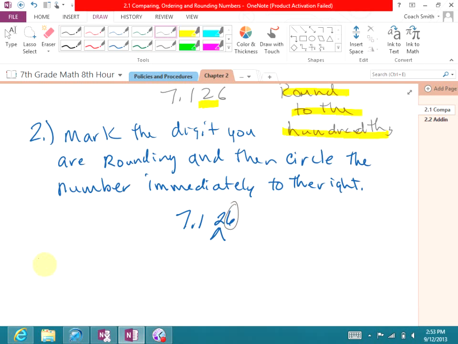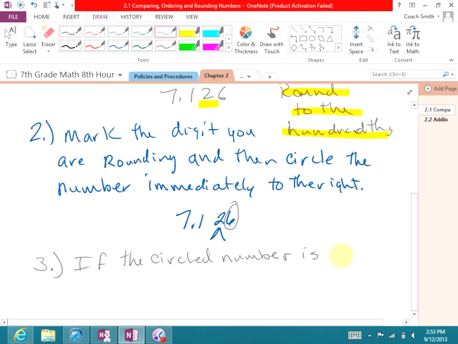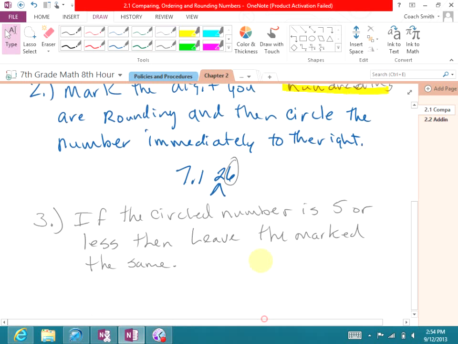Okay. Step 3, if the circled number is 5 or less, then leave the marked number the same. Okay?